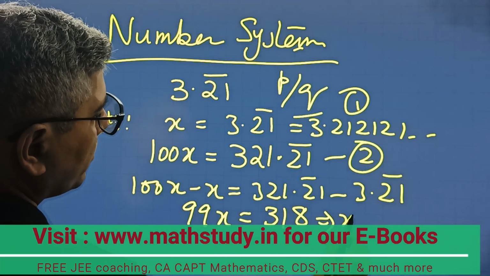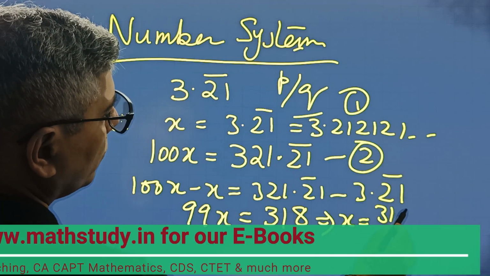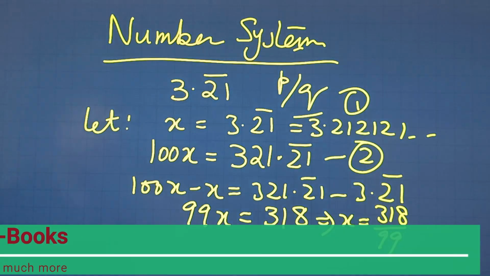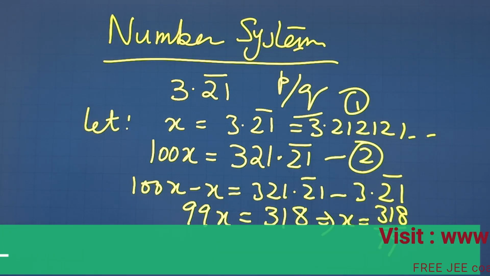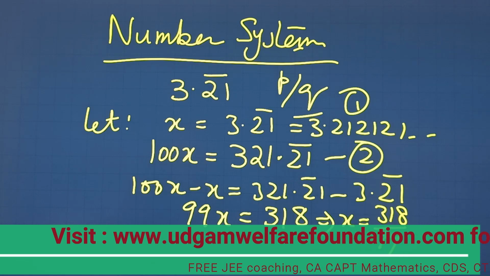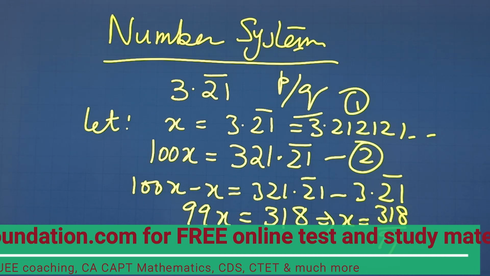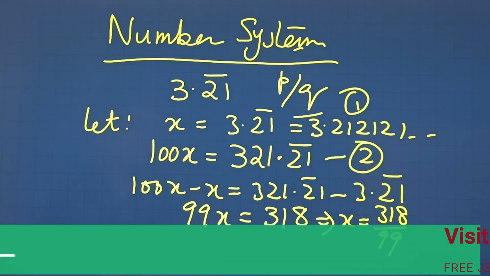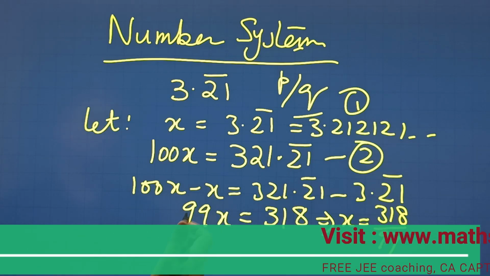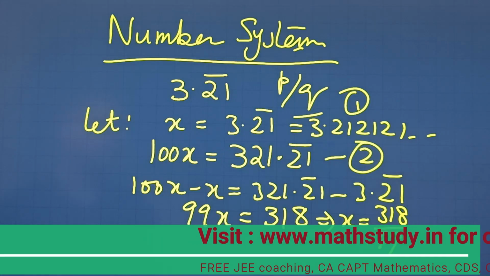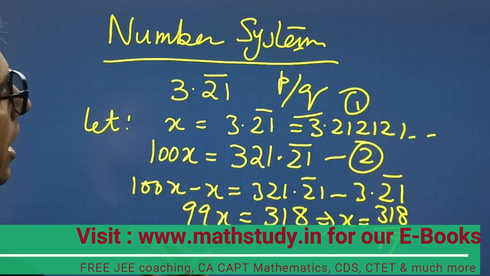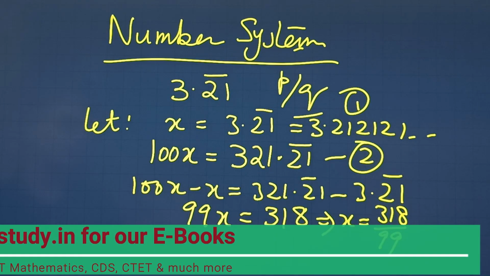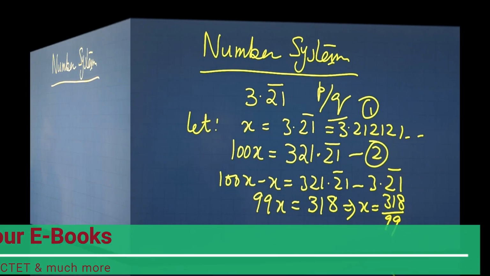So this implies x equals 318 upon 99. If these numbers have some common factor, then we can simplify it further. Otherwise this is our final answer. So I hope this concept is clear now. If we have two numbers continuously repeating after the decimal, this is how to get it into P by Q form. Now let's understand with some more difficult example.